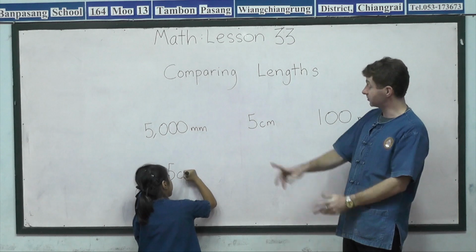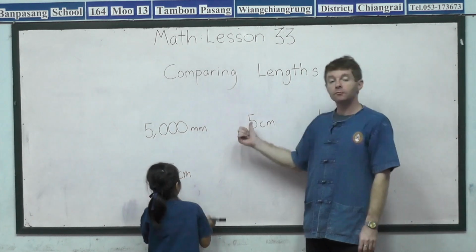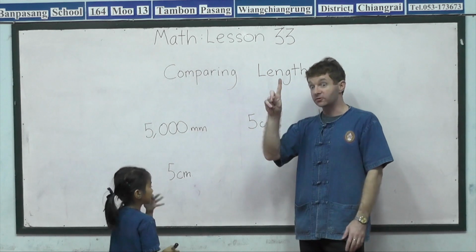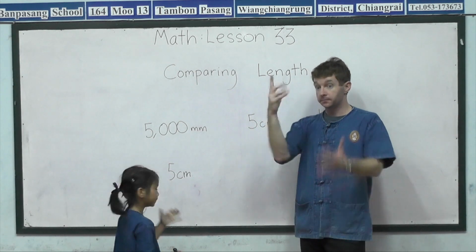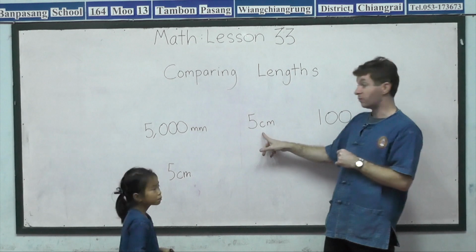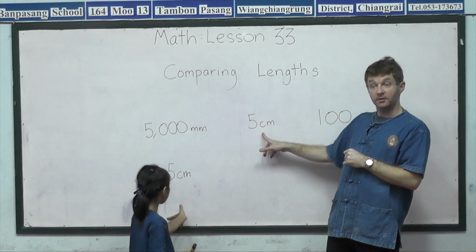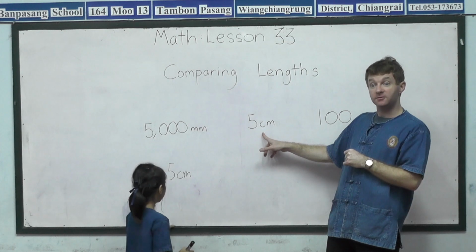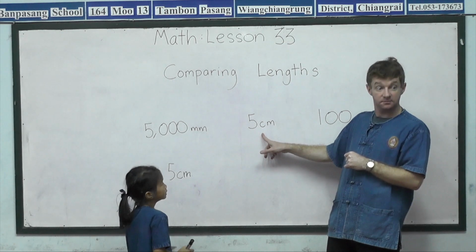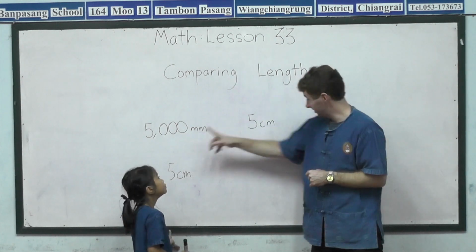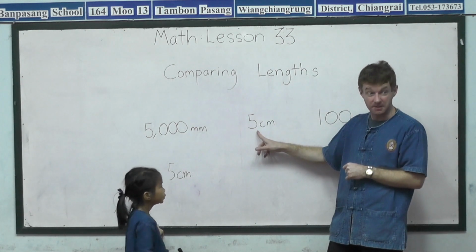So what do we think is the shortest? 5 centimeters. Okay. Do we remember how many millimeters in 1 centimeter? 10. So 5 centimeters is how many millimeters? 50. So 5,000 millimeters is more than 50 millimeters.